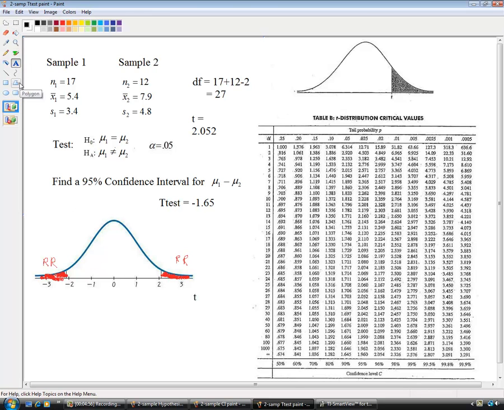It's going to fall right about here. So because it doesn't fall into either rejection region, we fail to reject.